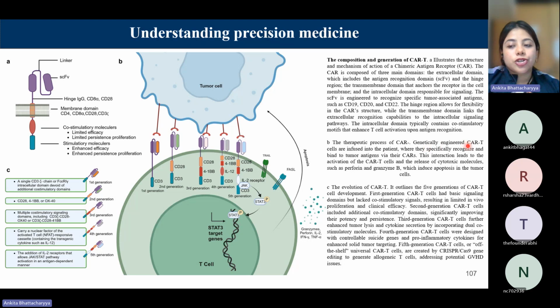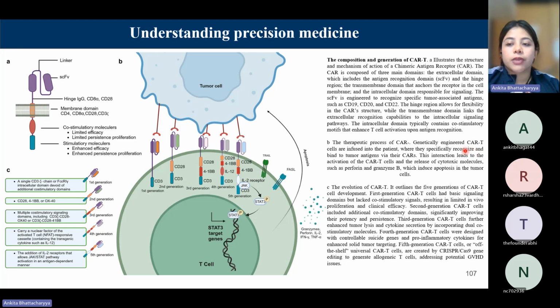So, genetically engineered CAR T cells are infused into the patient where they're able to specifically recognize and bind to tumor antigens via their CARs. As you can understand, this is your T cell, which has been infused back into the patient, and the patient is now able to express these chimeric antigen receptors on their surface.